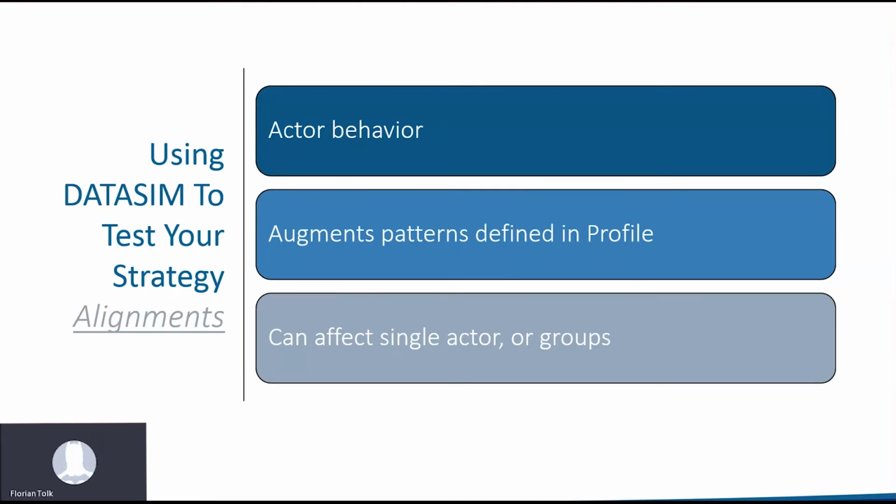So getting the hang of how to create alignments really is the hardest part for people who are new to DataSIM, just because it is a definition of parameters that is unique to DataSIM. So even if you know the xAPI spec and the xAPI profile spec backwards, you still have to get used to this, what would most likely be the biggest part of your actual simulation, because you're defining every single behavior and defining exactly how likely you are to do things.